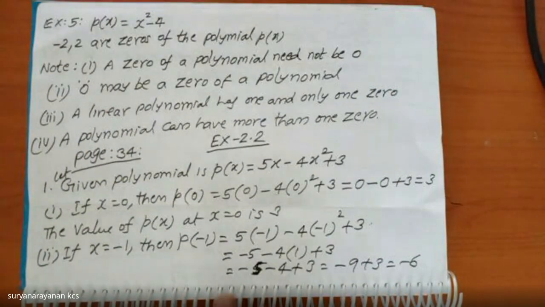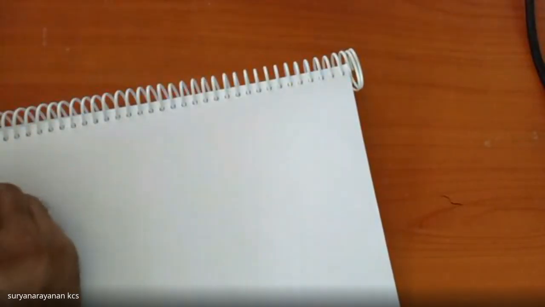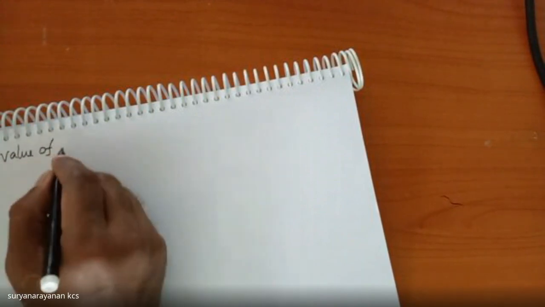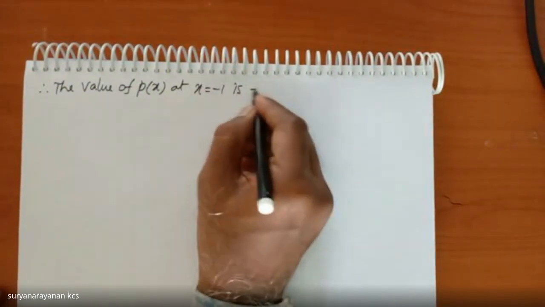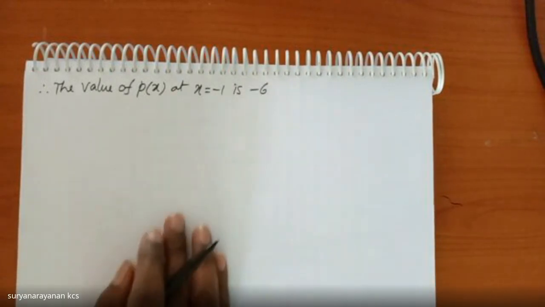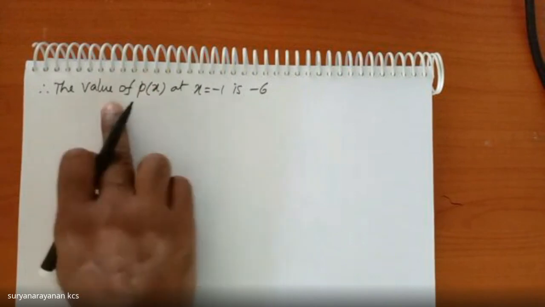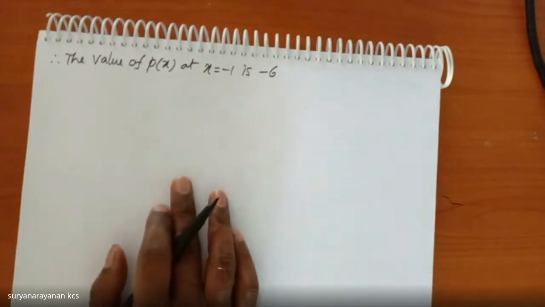Therefore, the value of P of x at x is equal to minus 1 is minus 6. Sir, can you please move the note to the right side? Okay, this minus 6 is the value of this polynomial when x is equal to minus 1. Okay, my children?